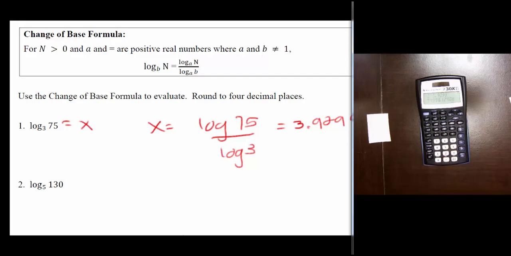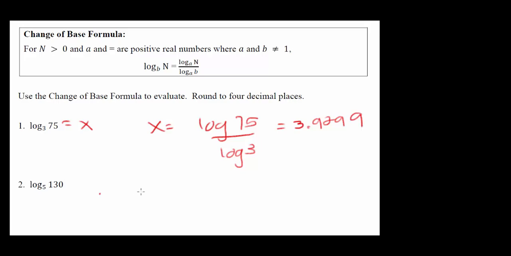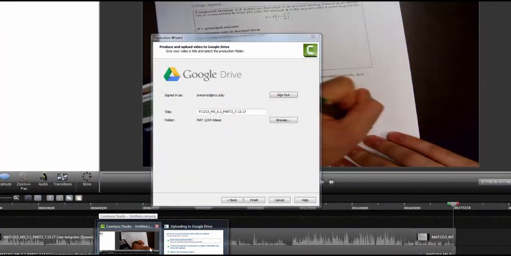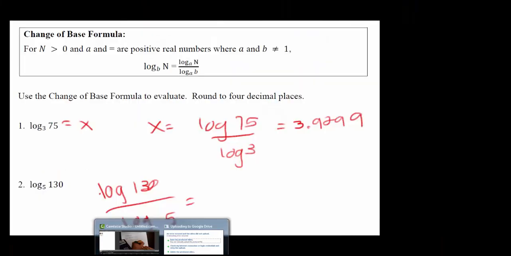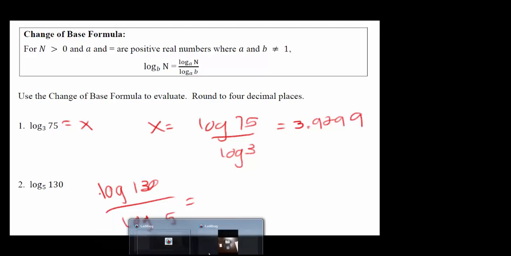So let's use the change of base theorem on our last problem. We're going to say the logarithm of 130 divided by the log of the base, which is 5. And I'm just going to show you that one more time in our calculator. There we go.